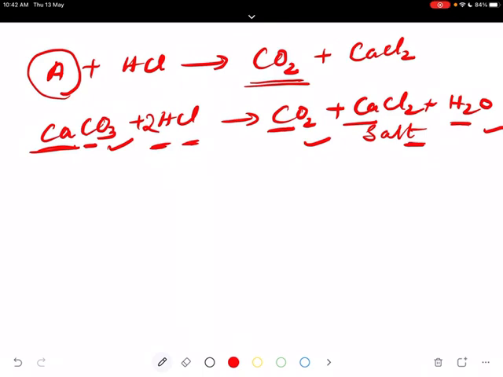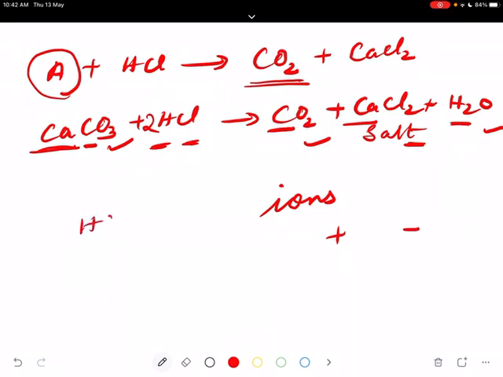Next topic we are going to see is what do all acids and all bases have in common? Let's see with an experiment. Actually, they are having ions, maybe positive ions or negative ions.